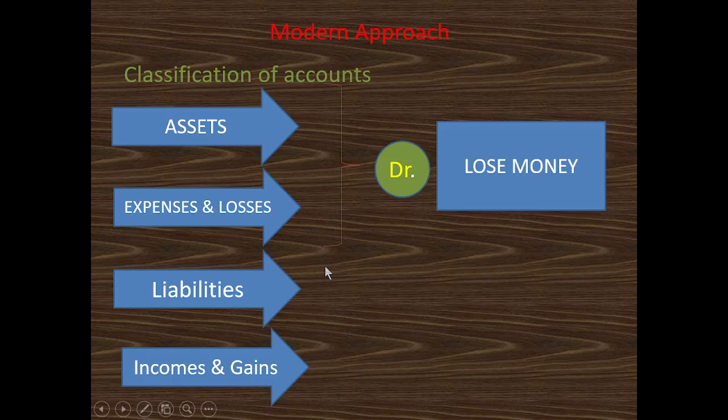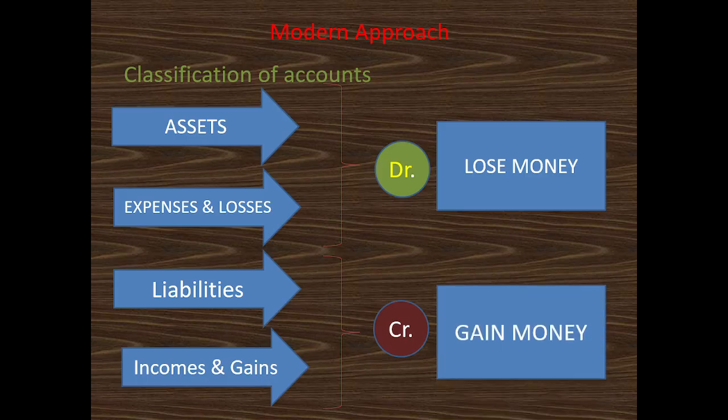And for liabilities and incomes and gains, we have a credit balance. Why? Because while creating a liability or receiving an income, we gain money or something that has monetary value either today or tomorrow.